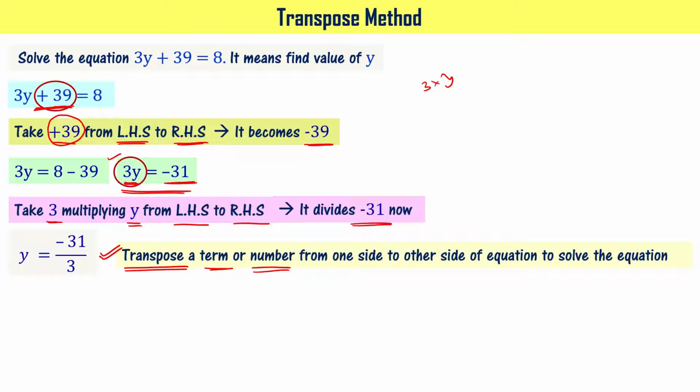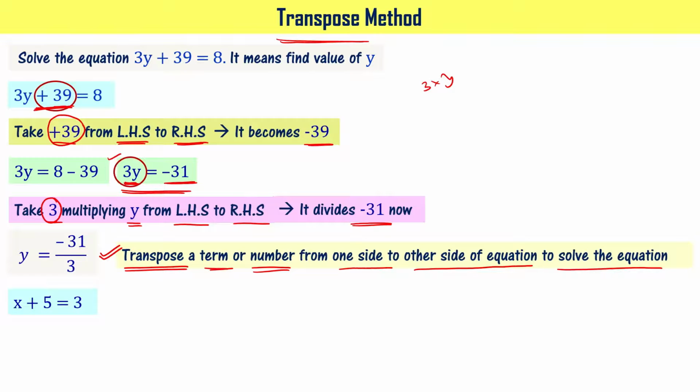In the second case, we have transposed a number, that is 3, from one side of the equation to the other side to solve the given equation. Since we are transposing this, we say that this method is called transpose method. Please note this. We are going to make use of transpose method when we are solving various problems from this chapter.